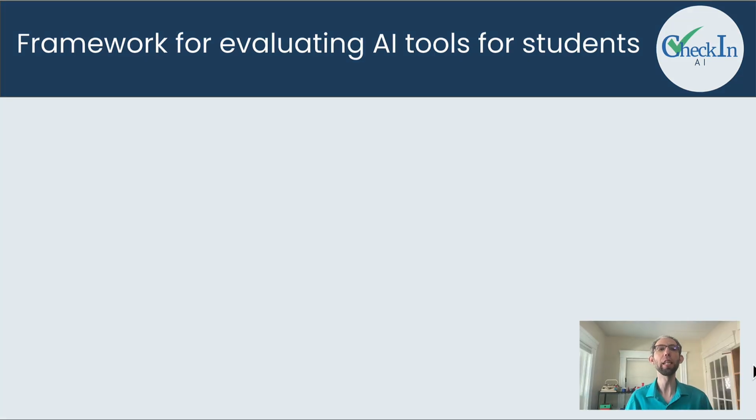I want to be clear, this framework is for evaluating AI tools for students, not AI tools targeted at teachers, such as tools helping teachers write student reports, IEPs, lesson plans, or create worksheets. This framework is for AI tools that students will directly interact with.